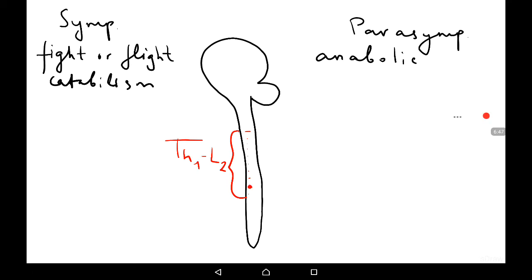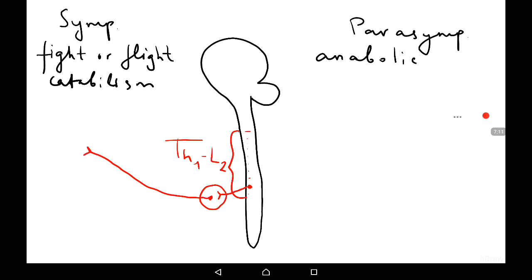From the body of this neuron, the nerve fibers of the sympathetic nervous system leave the spinal cord and go to the sympathetic ganglions, which are located in the vicinity of the spinal cord, close to the spinal cord.